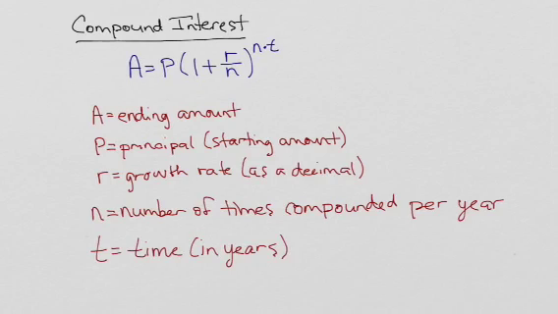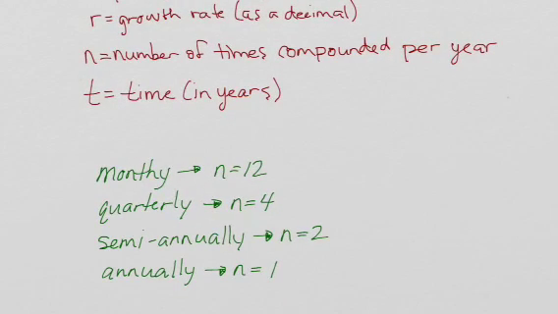Always in years. So for that number of times compounded per year, there are some words that are very common. If someone says they're compounding something monthly, which is the vast majority of how everything works, bank accounts, credit cards, borrowing money from the bank, your car payment is due every month, your house payment's due every month, you make 12 payments a year because there are 12 months a year.